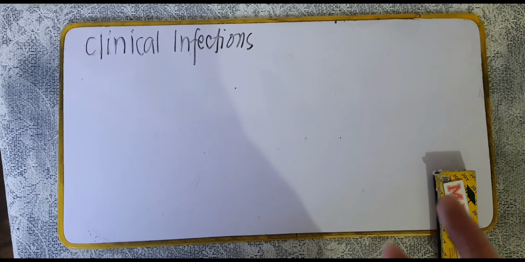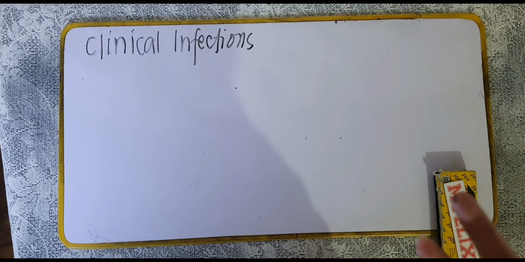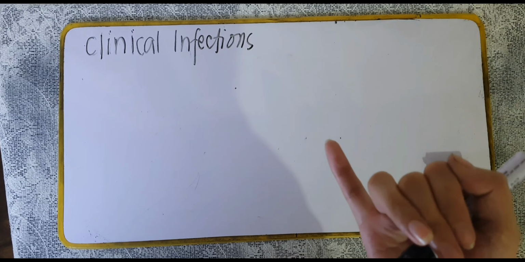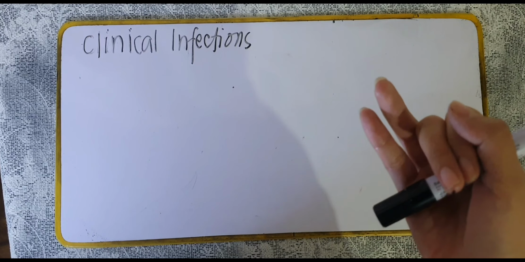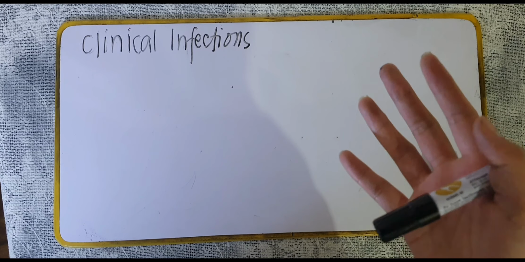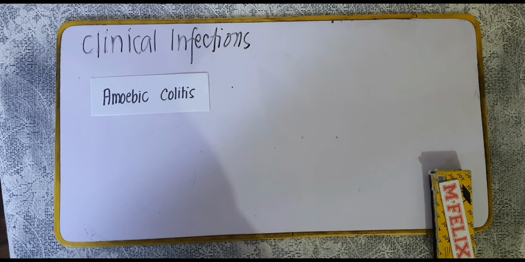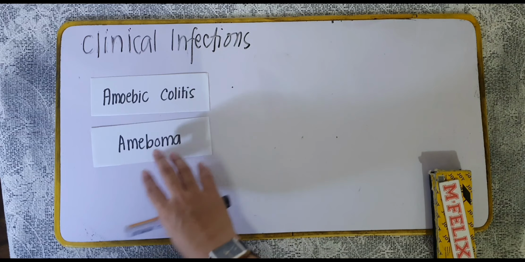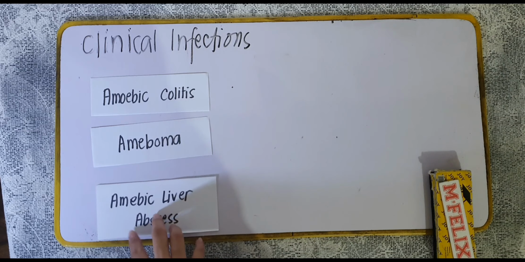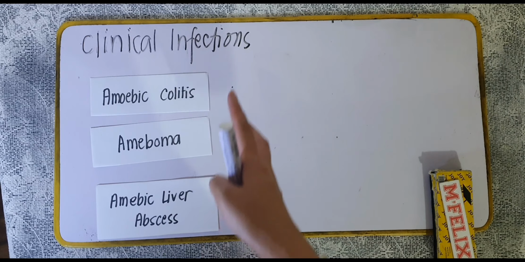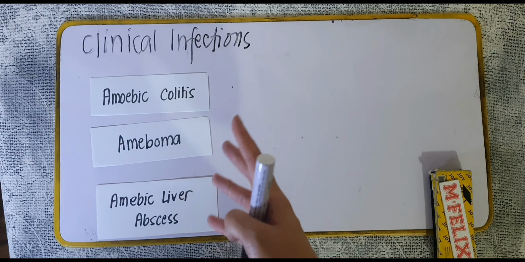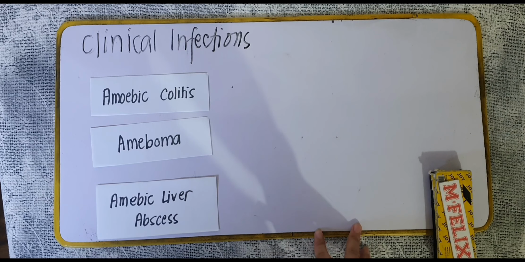Majority of cases associated with Entamoeba histolytica are primary amoebiasis and extra-intestinal amoebiasis, such as your amoebic colitis, amoeboma, and amoebic liver abscess.